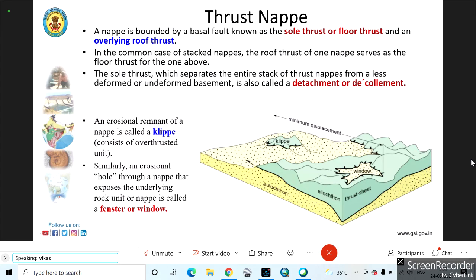So in such types of terrain where more overturning has happened, and after overturning of the beds has happened, what will happen is that when the rocks are not able to accommodate that much stress in terms of strain, they will start to move along a weak plane, what we can call a fault.